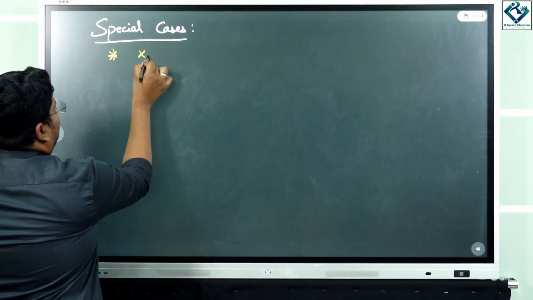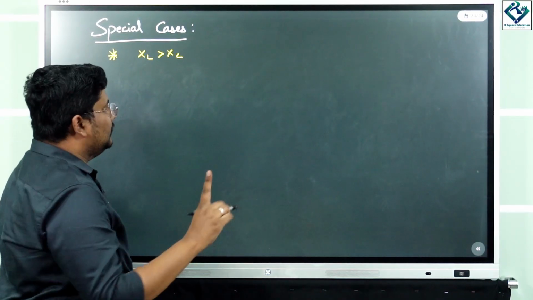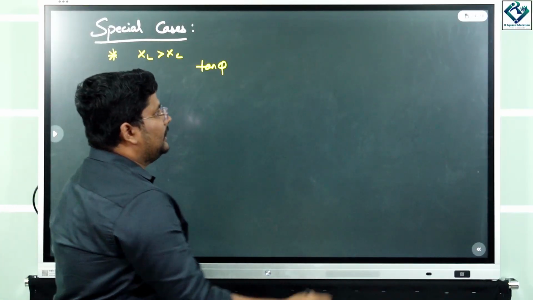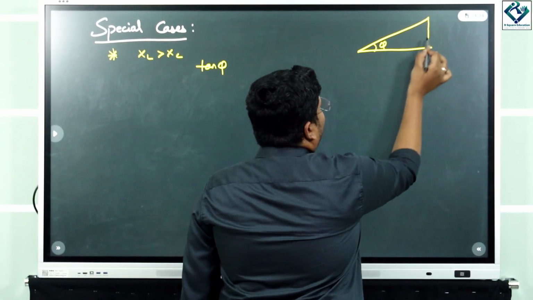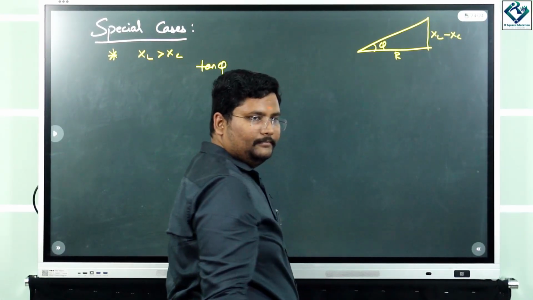First case, if XL greater than XC, we have to calculate tan phi. For that I take a triangle, you have phi here, XL minus XC here, R here.